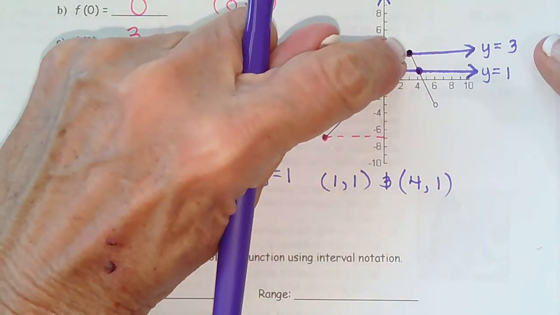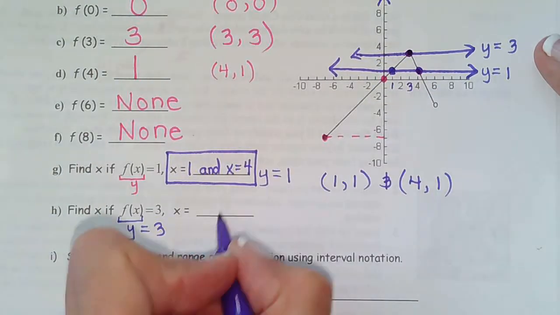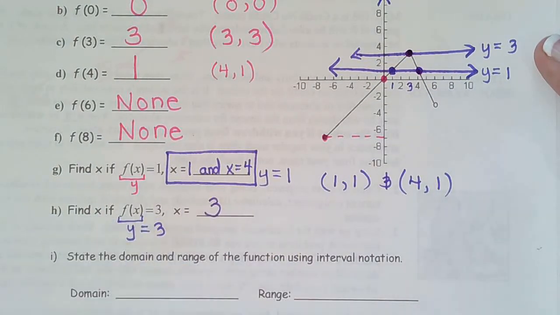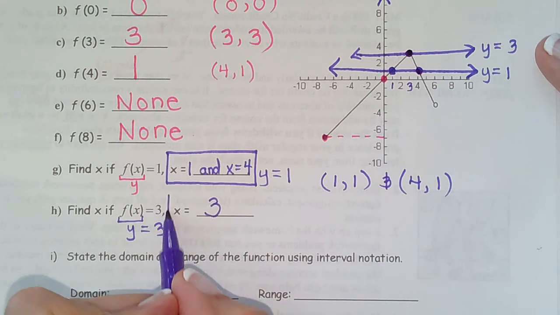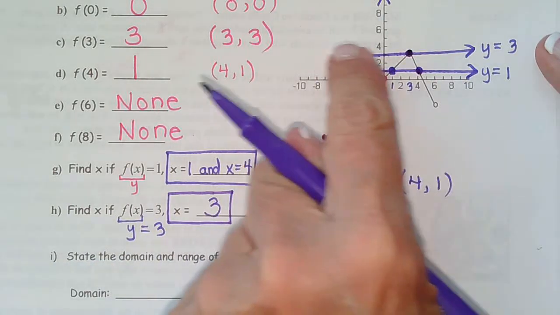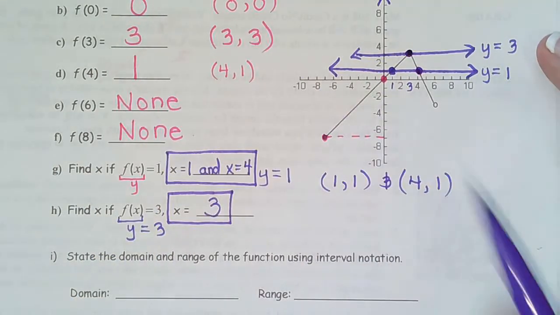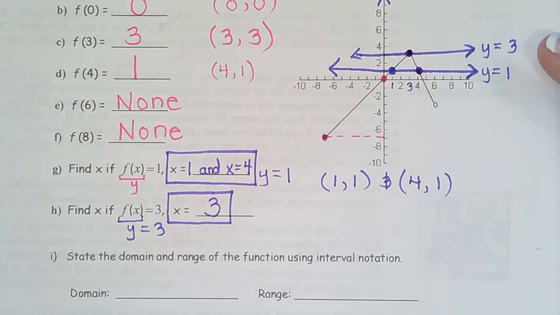So what's the X that goes with that? 3. So this would just be X equals 3. So I always, when they give me the Y equals, do the horizontal line. It just makes it easier not to miss if there's multiple points.